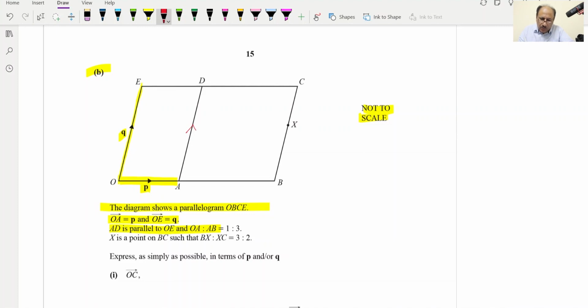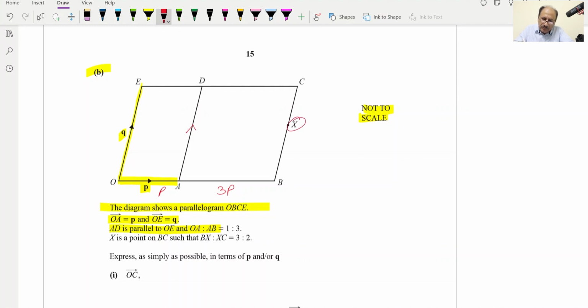and OA ratio AB is 1:3. So if this is P, this will be 3P, we can safely write. X is a point on BC.